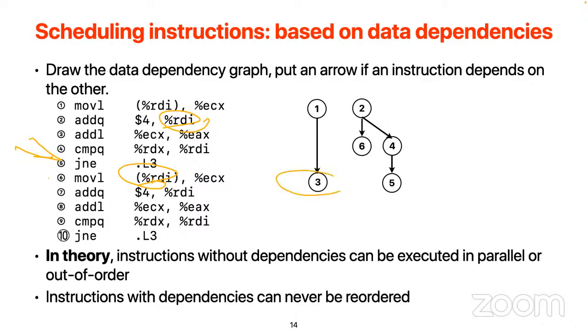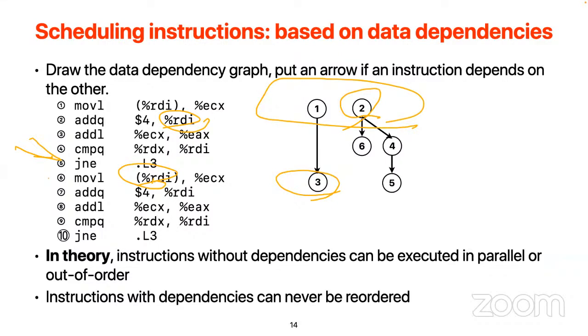So for instruction 3, if we ignore the ordering, it could be executed right after instruction 1 finished. Instruction 2 doesn't need instruction 1 to finish, so it can execute at the same time with instruction 1.